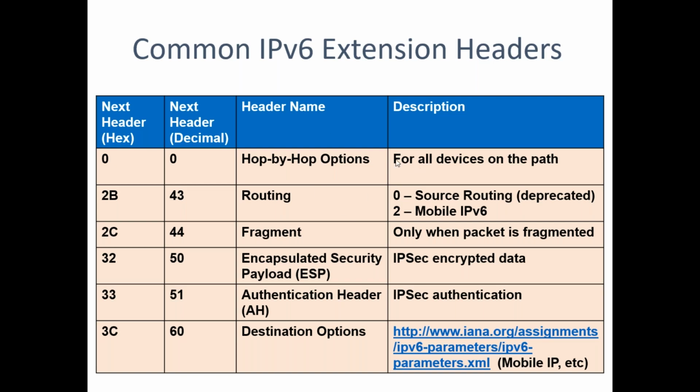Those are not considered a part of the hop by hop. So any IP addressable node will look at this, and that's why it's the first one, since everybody has to look at it, you want it to be first.